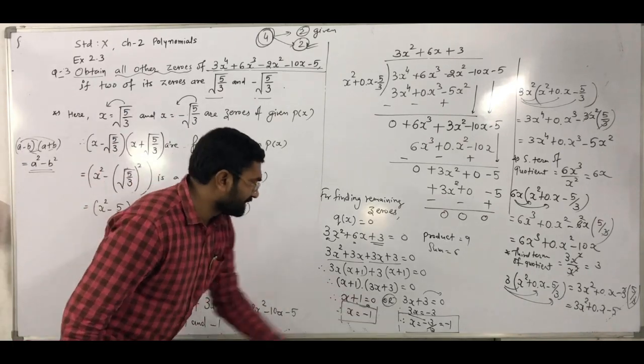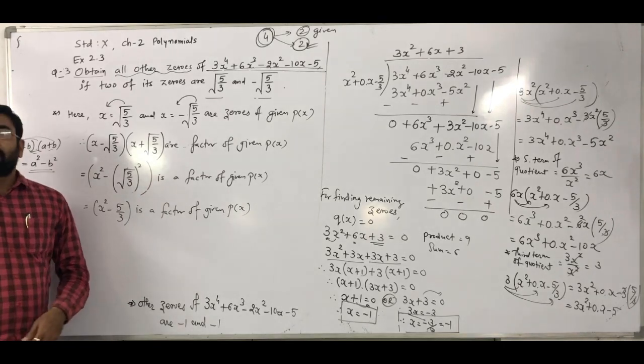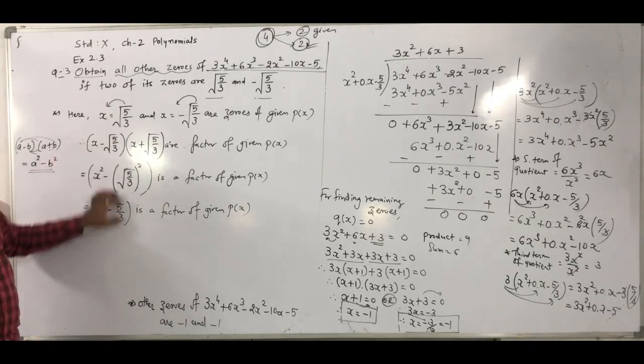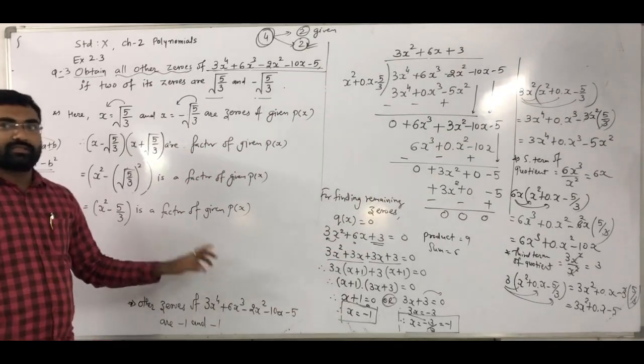Two remaining zeros are minus 1 and minus 1. Right? So that question is asked for 3 marks. This is the first part. This division is the second part, and finding the remaining zeros is the third part.